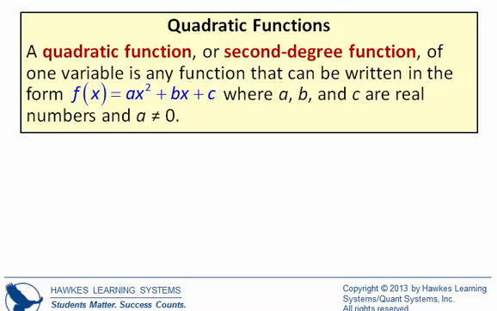So for example, a quadratic function might look like f of x is equal to negative 3x squared plus 5x minus 7. In this case, the a value is negative 3, the b value is 5, and the c value is negative 7.